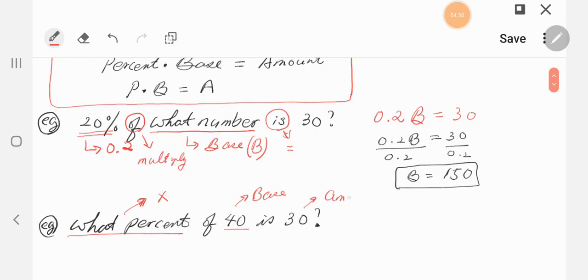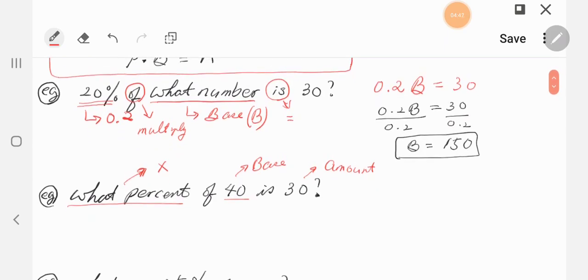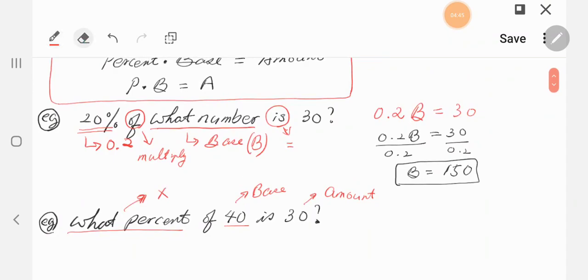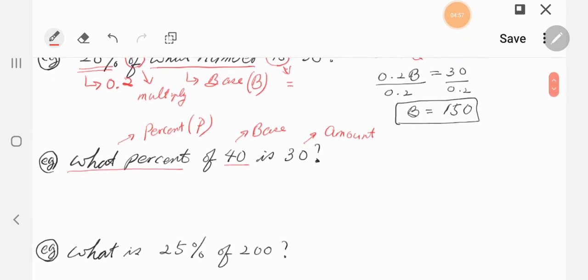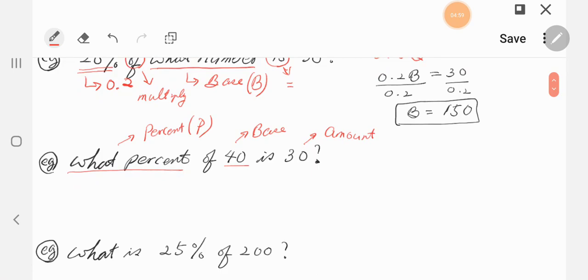We don't know what percent, so let's use the variable p. Any variable is fine. So PBA, the equation is this.